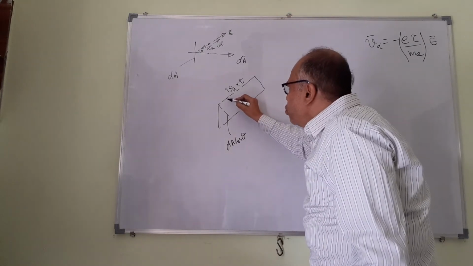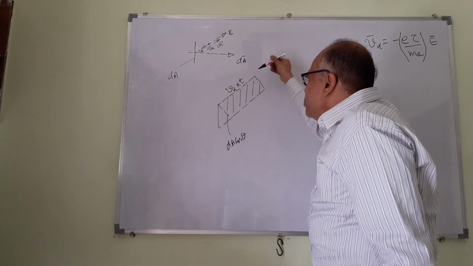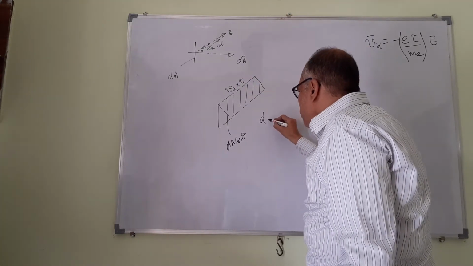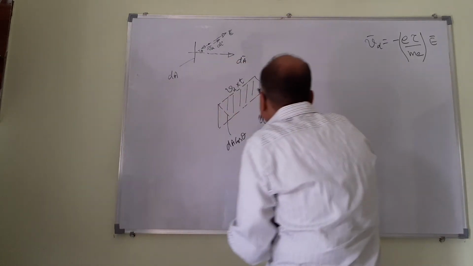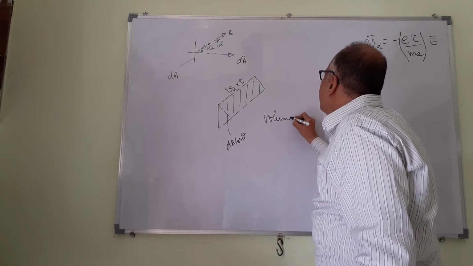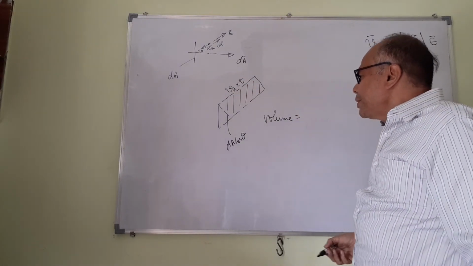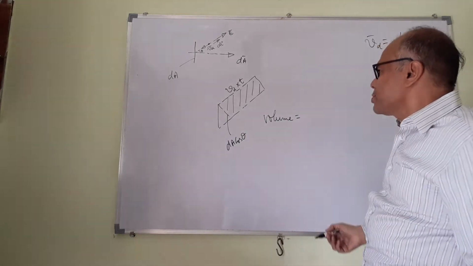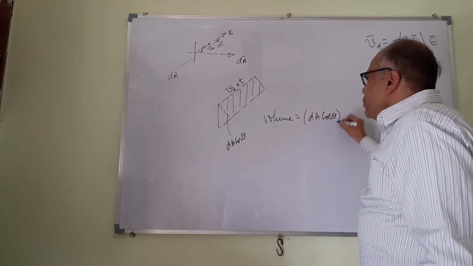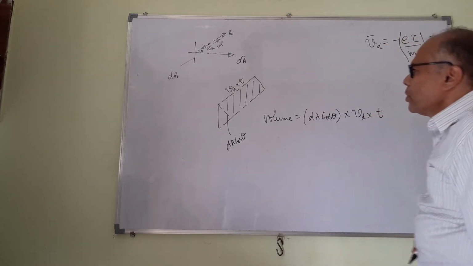So this volume, yes, this is drifting in a time t, is going to be the area of cross section into the length, the cylinder. So it will be dA cos theta into Vd into t. That is the volume.